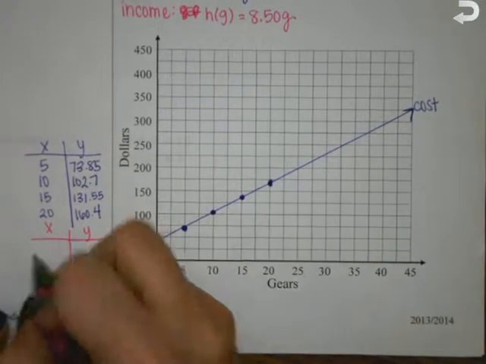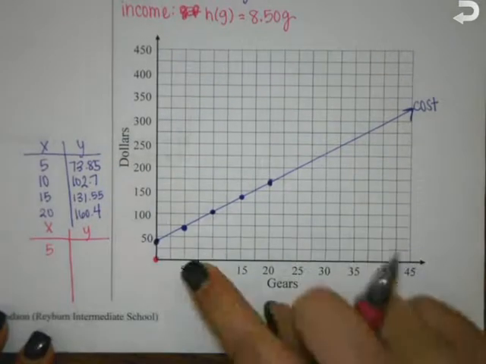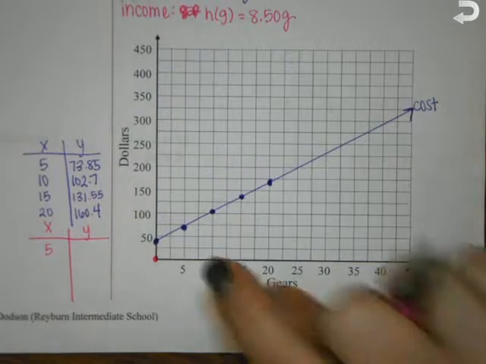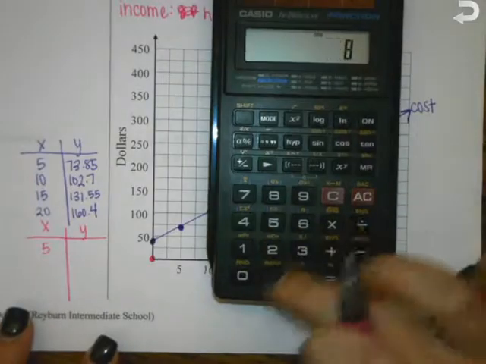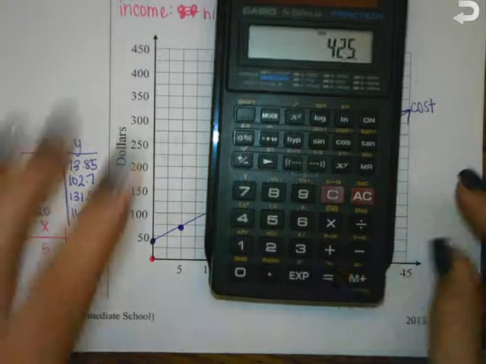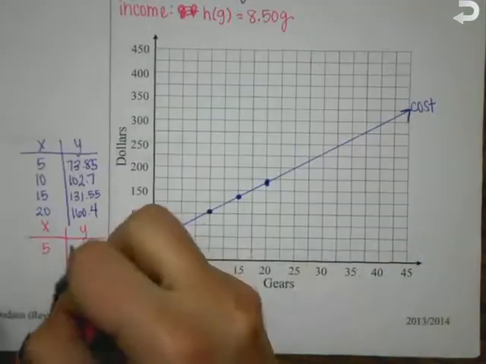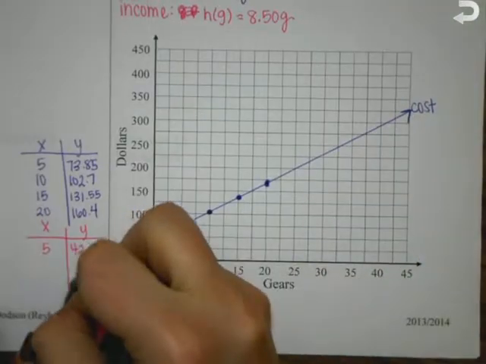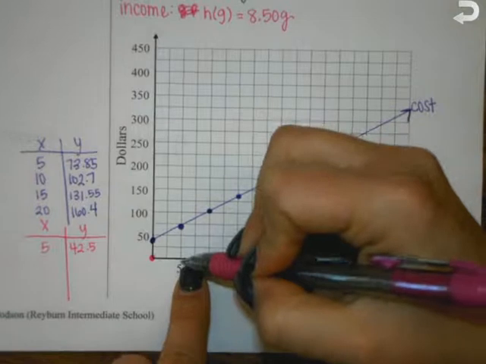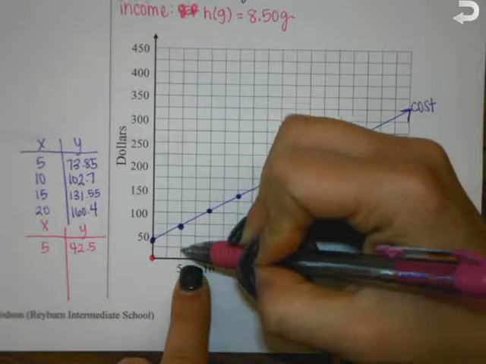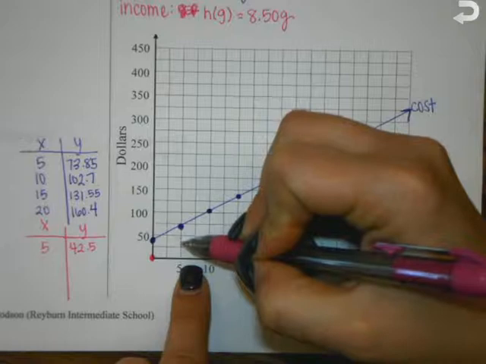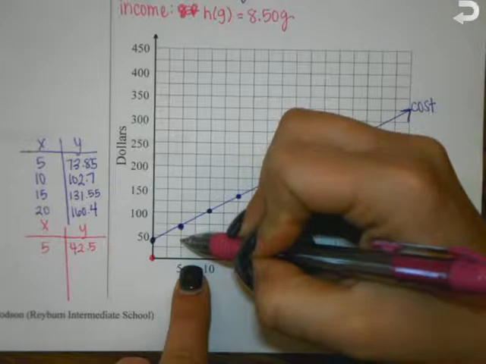So when we sell, so this time we're looking at when we sell 5 gears, we multiply that by 8.5, we make $42.50. Okay? So when we sell 5 gears, we make $42.50. So that's going to be somewhere, this is 25, so that's going to be somewhere here.